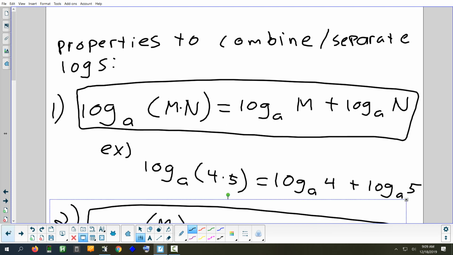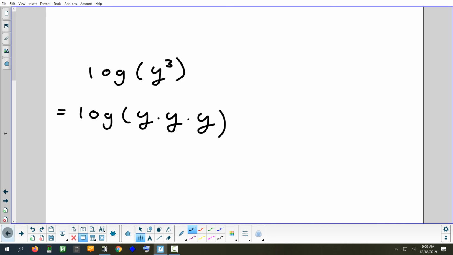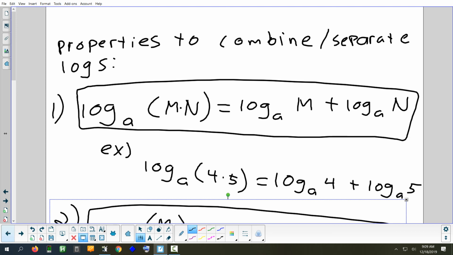Now, we just said in rule 1 that if you have a product, I only did it for 2 things, but you can do it for 3 or 4, however many you're multiplying. When you take a product and split it, it splits as a sum. And what happens to the base when you split it, compared to the original base?